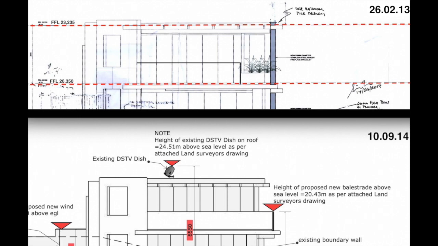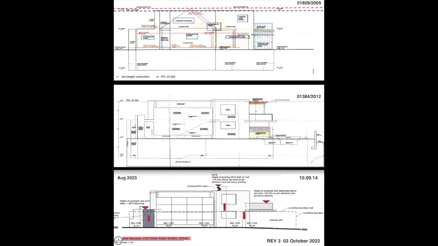Because this was drawn on a 2012 plan, and it was drawn on a 2013 plan. I've got the plan numbers. The 2012 is 01384 2012, and the 2013 one, there doesn't exist an east elevation.